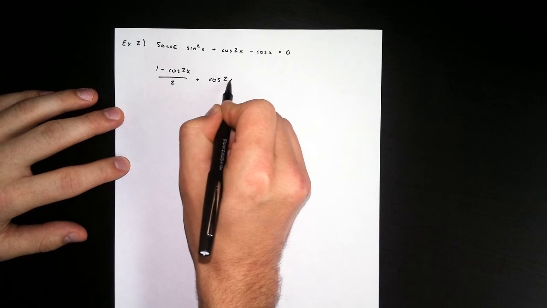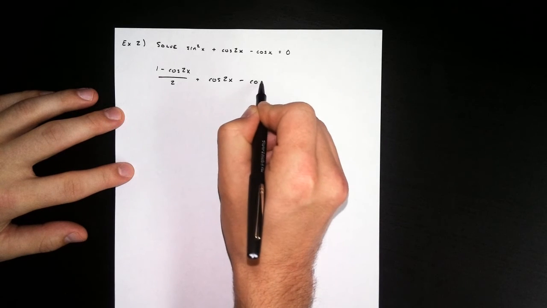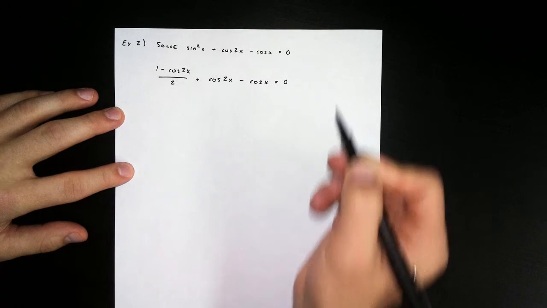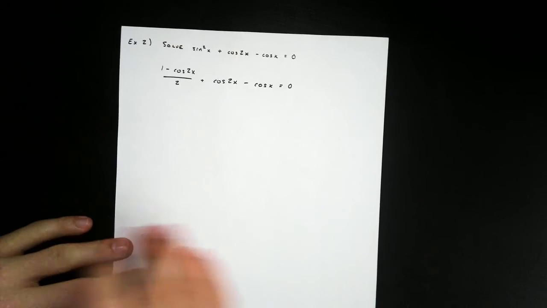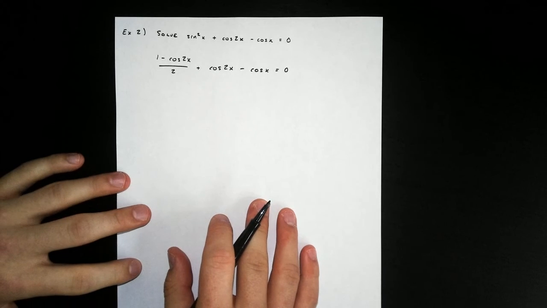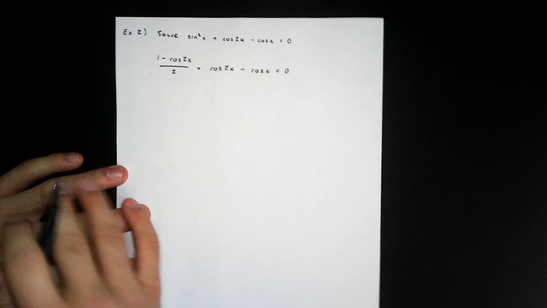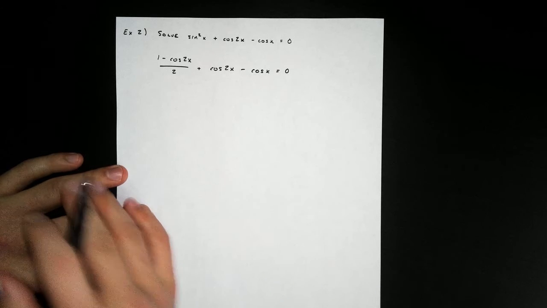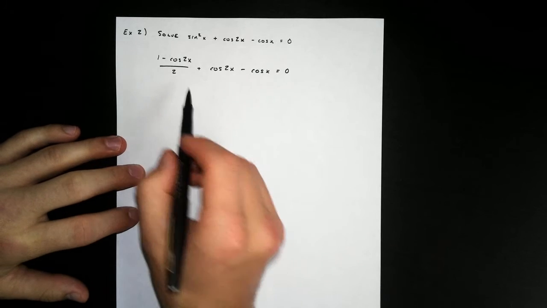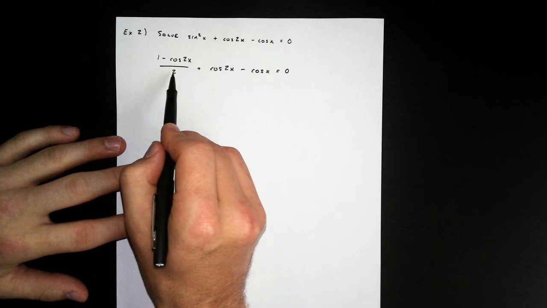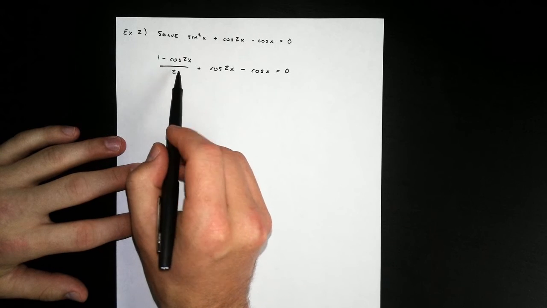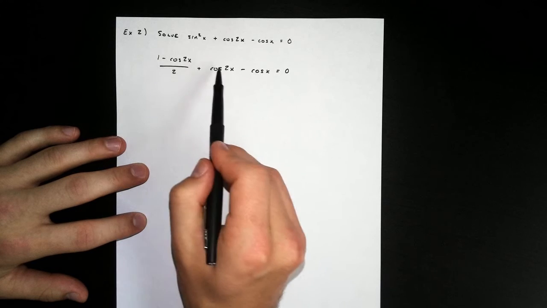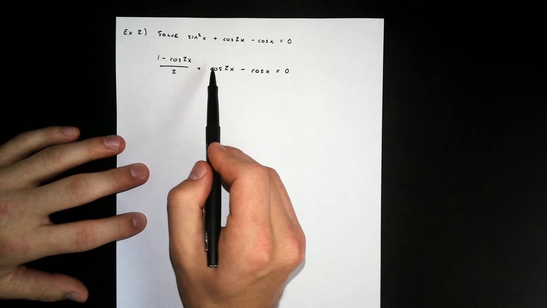And then I'll rewrite the rest of this. Okay, so now we have an equation that has all cosines in it, and we should be able to work with this a little bit easier now. So we do have a fraction over 2. I have a cosine of 2x here, and there's a cosine of 2x there, so I want to be able to combine those like terms together.